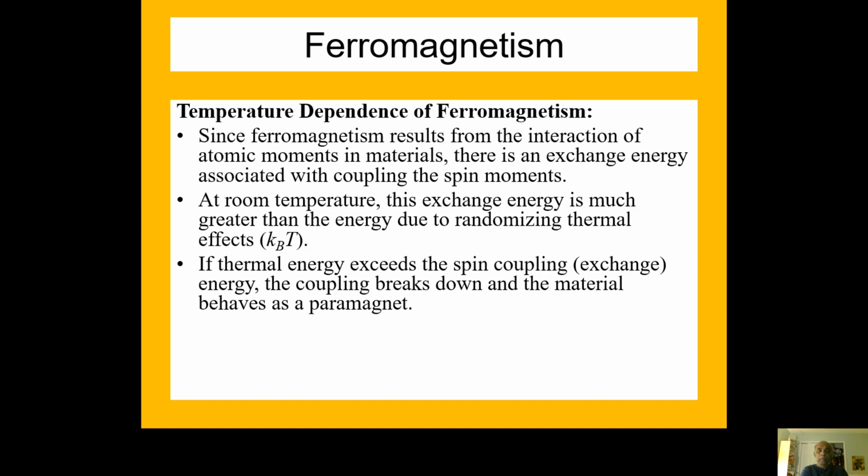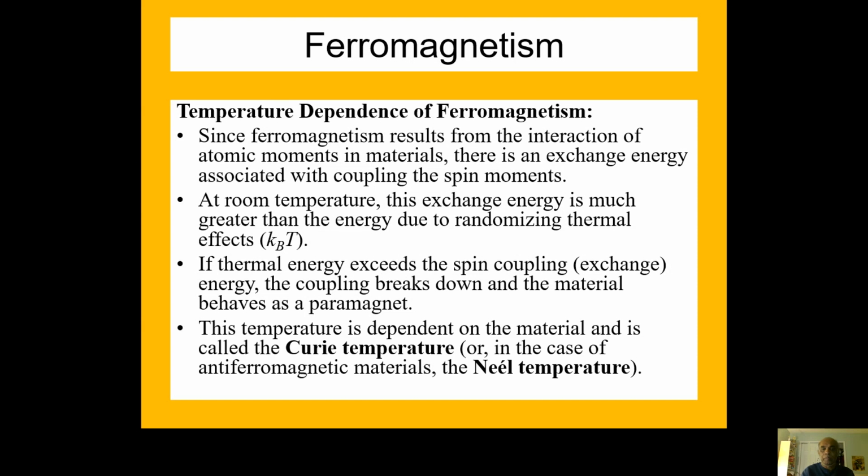But if your temperature is very high compared to the exchange energy, the thermal energy will exceed that coupling or exchange energy, so that will break down the coupling between spins or among all the spins. Then the ferromagnet will behave like a paramagnet.